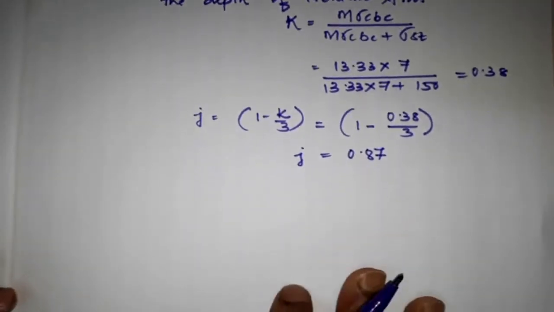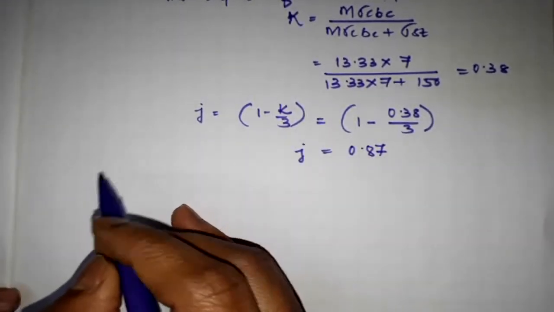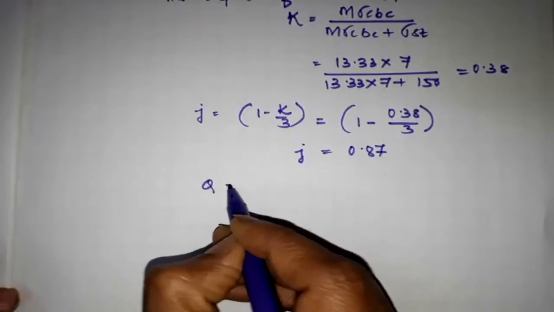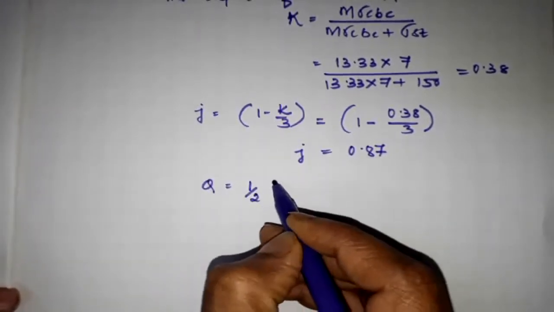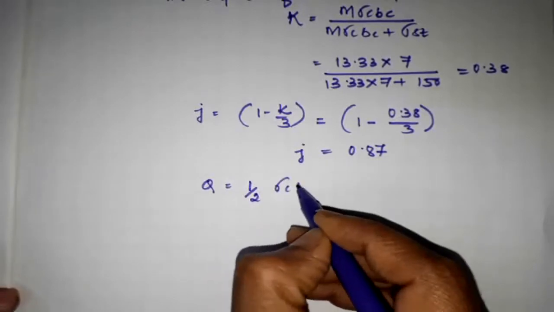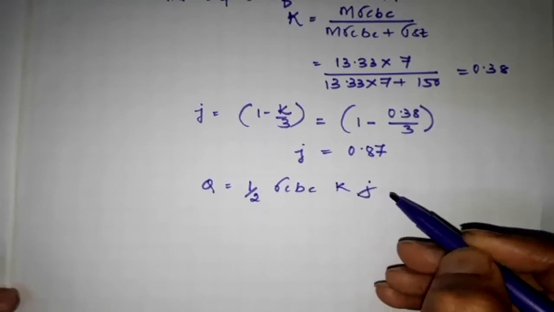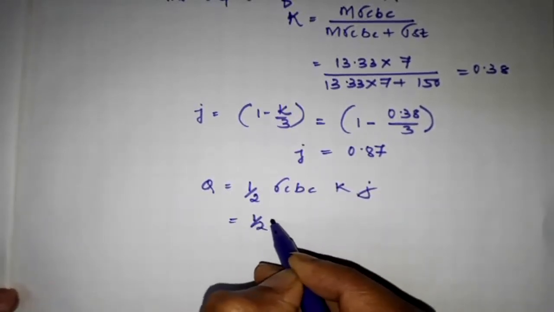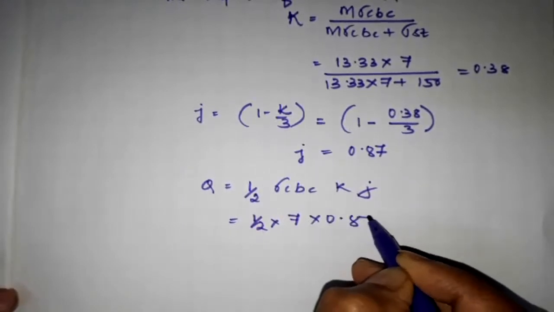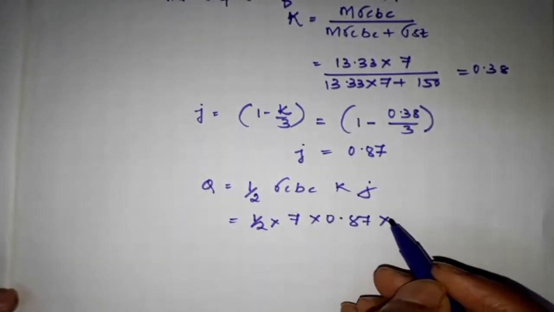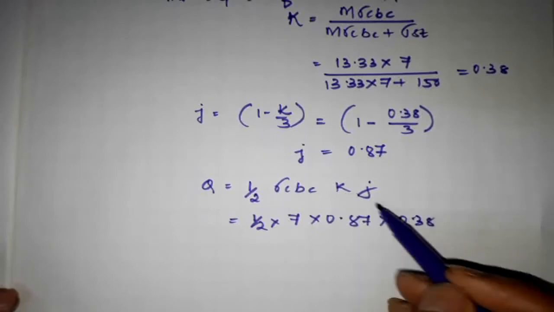Then next we have Q. One more coefficient Q is equal to half of sigma CBC into K into J. So half of sigma CBC is 7 into K is 0.38, J is 0.87.